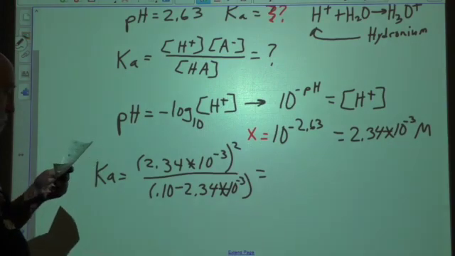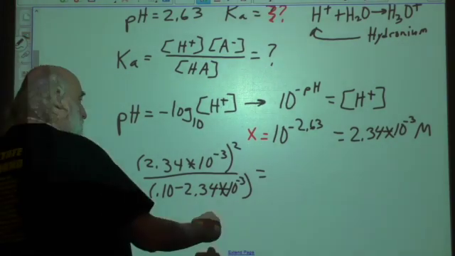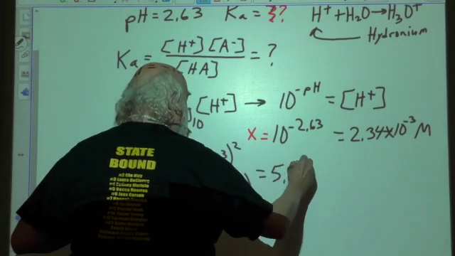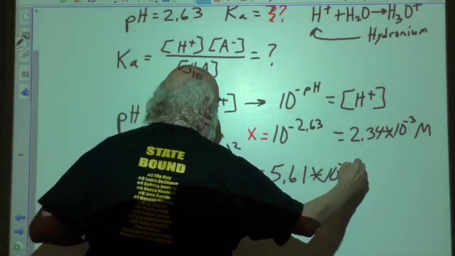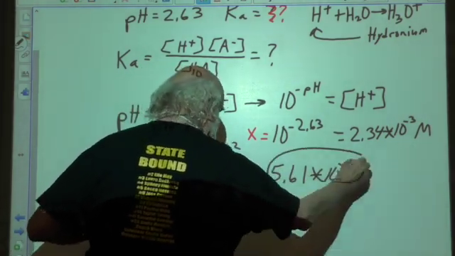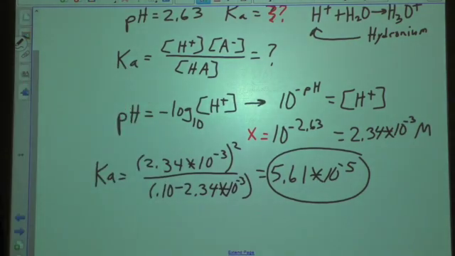Do that, and you get an answer of 5.61 times 10 to the negative fifth. And Ka has no label. That's all we can do with it.